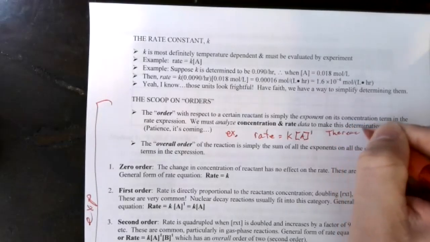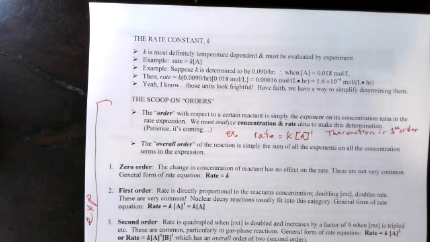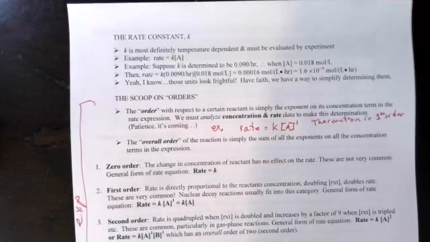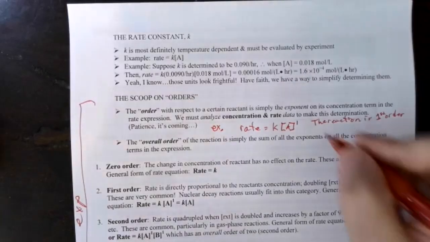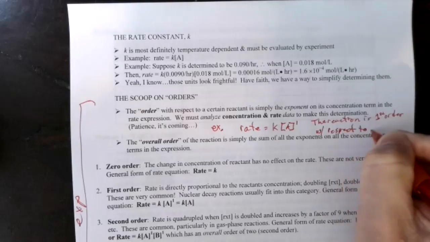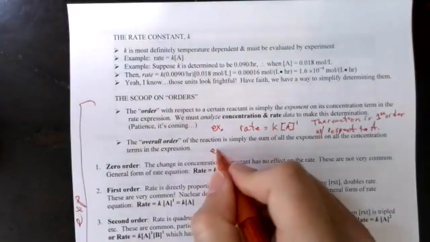The reaction is first order. And if you write that, you're not getting any points. We've got to say something else. With respect to A. With respect to A. I'll write that down.